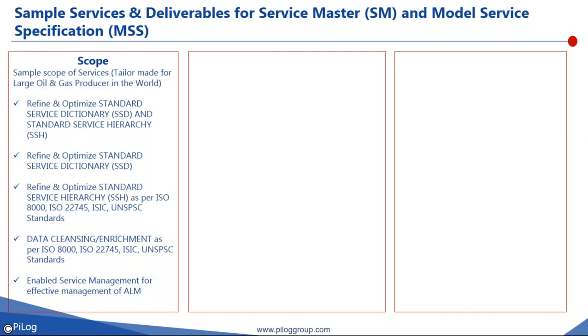When you blend all this and try to optimize the standards for the hierarchy and the cleansing, that definitely helps standardization not only of my service master, but also taking forward into service management or service contract management for asset lifecycle.